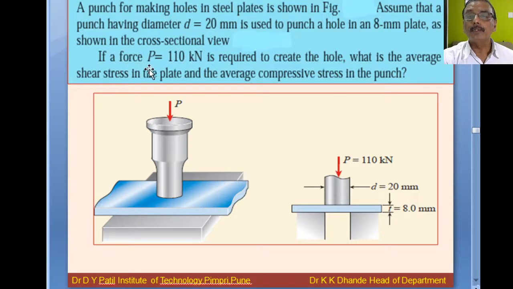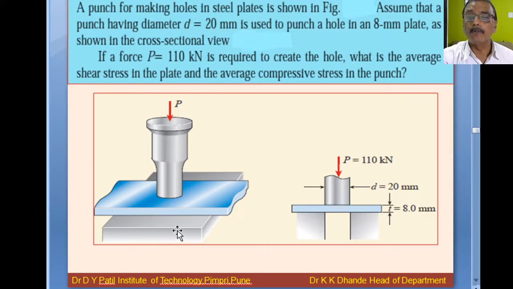If a force P equal to 110 kilonewton is required to create the hole, what is the average shear stress in the plate and the average compressive stress in the punch?